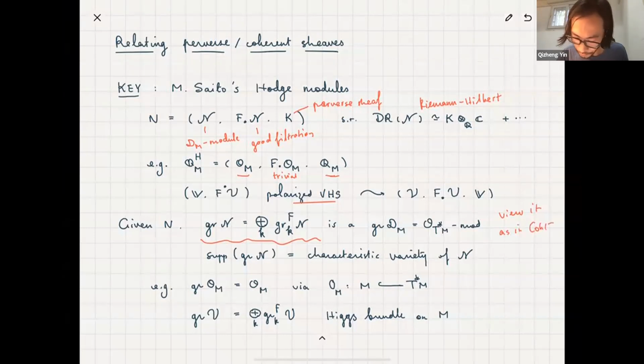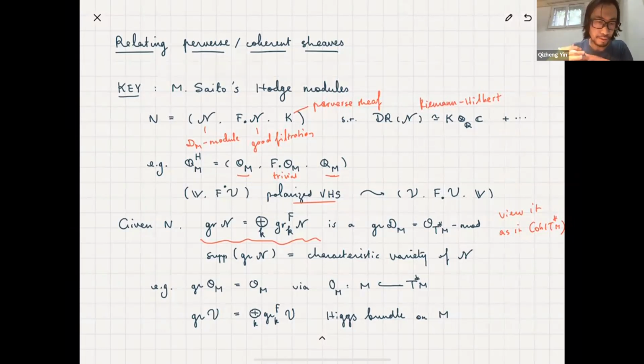So this is a coherent sheaf on the cotangent bundle of M, and this is the limit of the Hodge module. So you naturally get a coherent sheaf because you naturally have a Hodge filtration and everything, and you get a coherent sheaf on the cotangent bundle of M. And if you're wondering what the sheaf is, the support of this sheaf is the so-called characteristic variety of the D module.